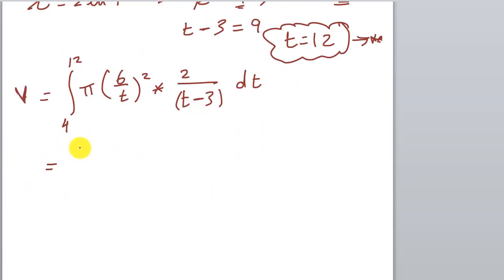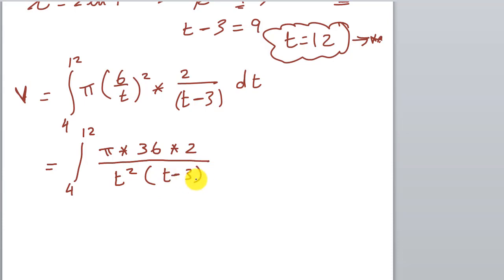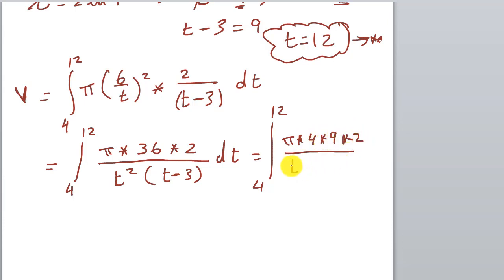So it's equal to the integral from 4 to 12 of pi multiplied by 36 multiplied by 2 divided by t squared multiplied by (t minus 3) dt. So it's equal to the integral from 4 to 12 of pi multiplied by 4 multiplied by 9 multiplied by 2 divided by t squared (t minus 3) dt.